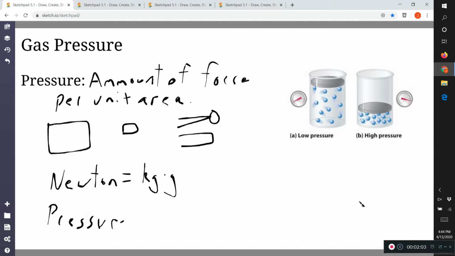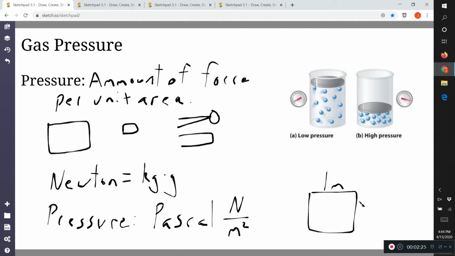The standard unit that we oftentimes use is called a Pascal, named after Blaise Pascal, and it is a Newton per square meter. So if we had 1 kilogram in standard gravity on a 1 meter by 1 meter pad, that is a Pascal.